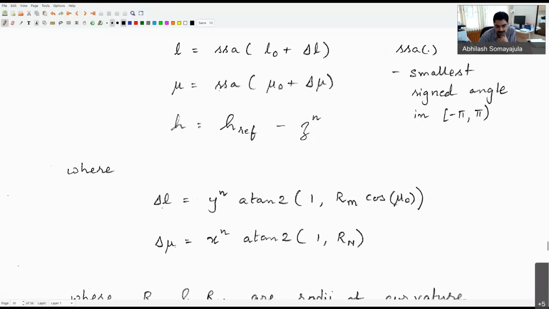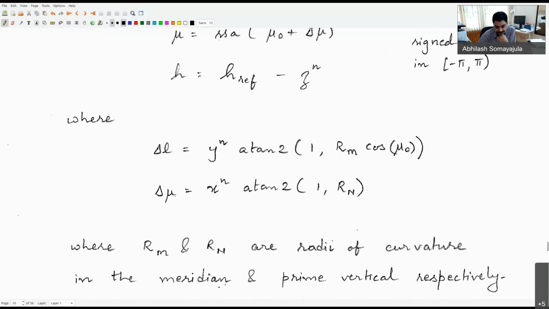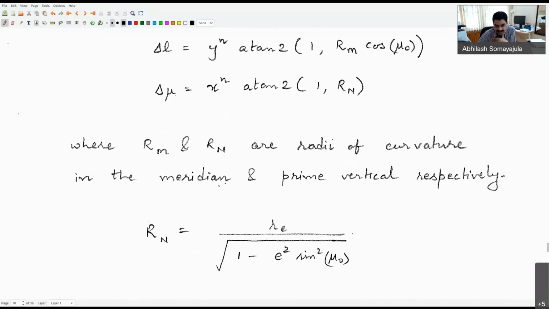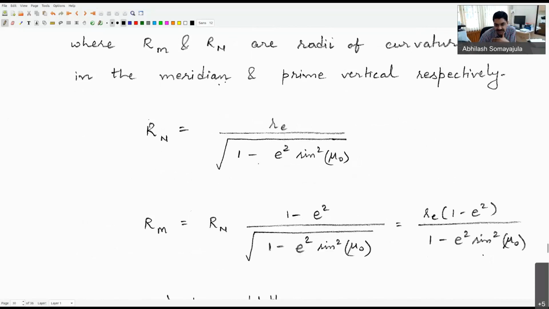That can be computed in terms of the x coordinate and the y coordinate of the vessel in the NED frame, multiplied by certain fractions, and these fractions relate to the radii of curvature of the Earth in both the prime vertical and the meridian plane. And we saw the expressions for these. These really depend on the ellipsoidal nature of the Earth, and they come from the WGS 84 model for our Earth.